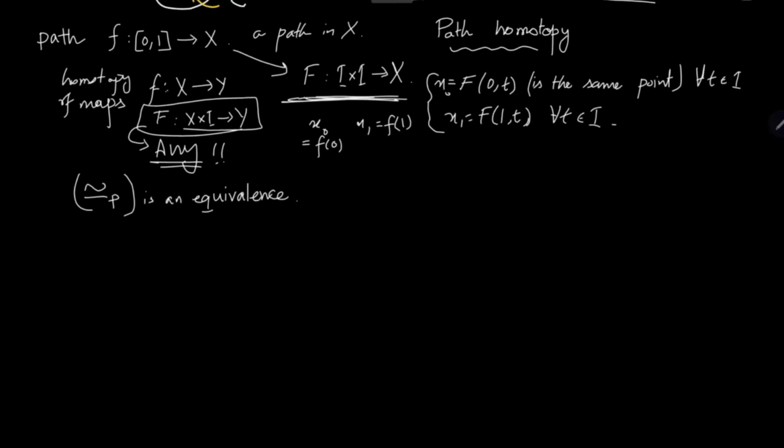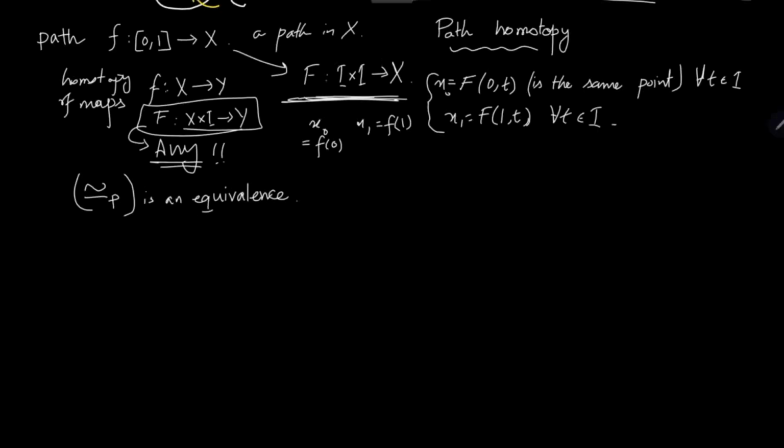Let me just look up if there is a particular topological category which considers only path homotopies, because it certainly looks very promising, and indeed the machinery looks good, to say the least.